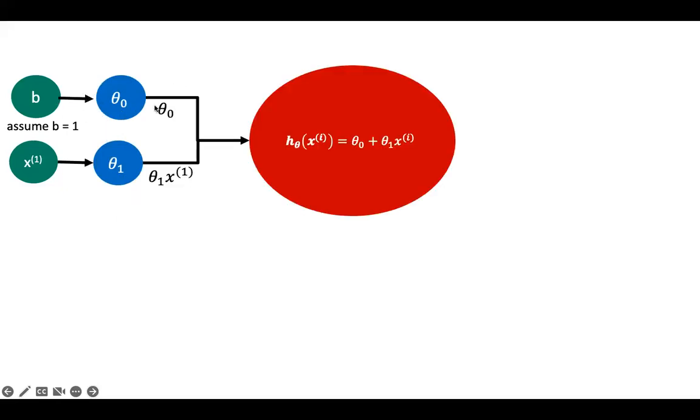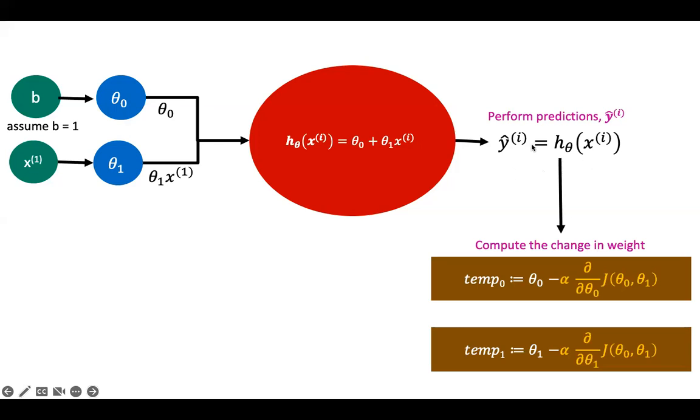And we take the weighted sum of the predictor and the theta, so we'll have this regression equation for one predictor with a bias: theta 0 plus theta 1 x. And we can perform predictions using this linear regression line. So we simply have to plug in the values of x in here. And now, of course, we have to calculate the weight first.